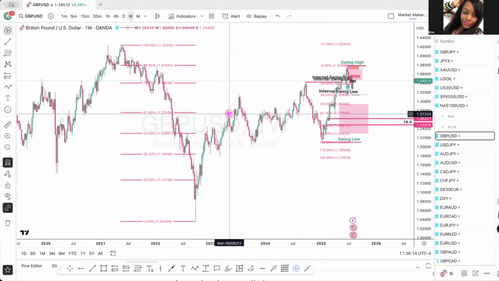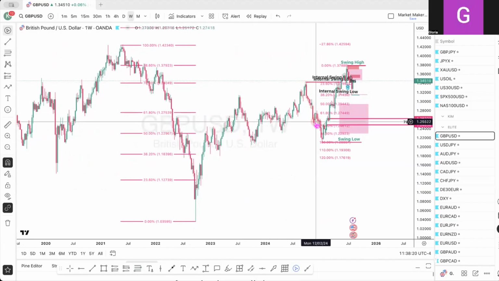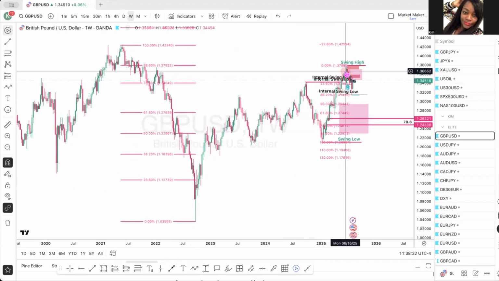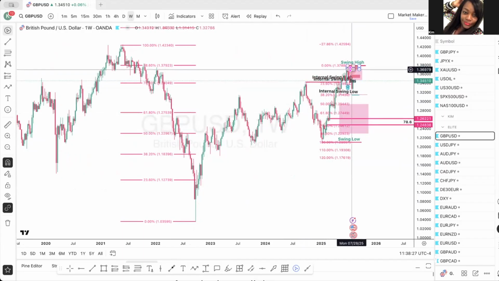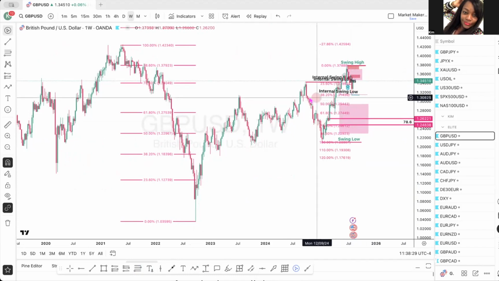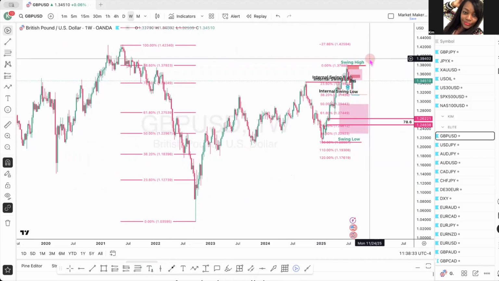And so we're waiting for price. Price has already tapped the 78 here, right? And it sold. And now it broke up. It broke structure. And so now we're pulling back. This is still bullish. So now we're expecting a pullback to buy.